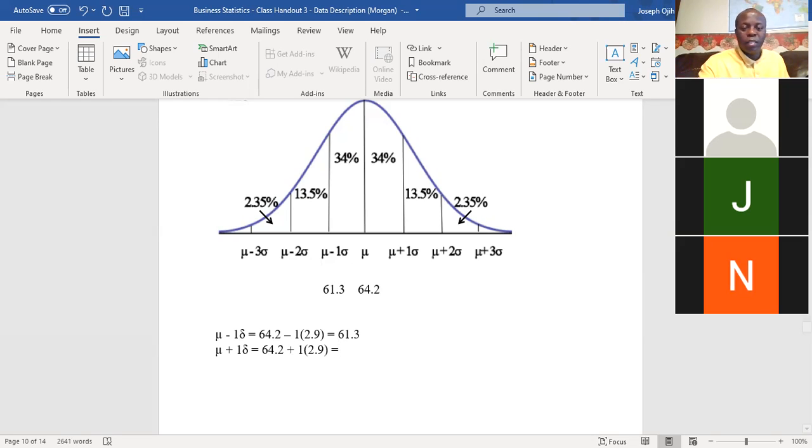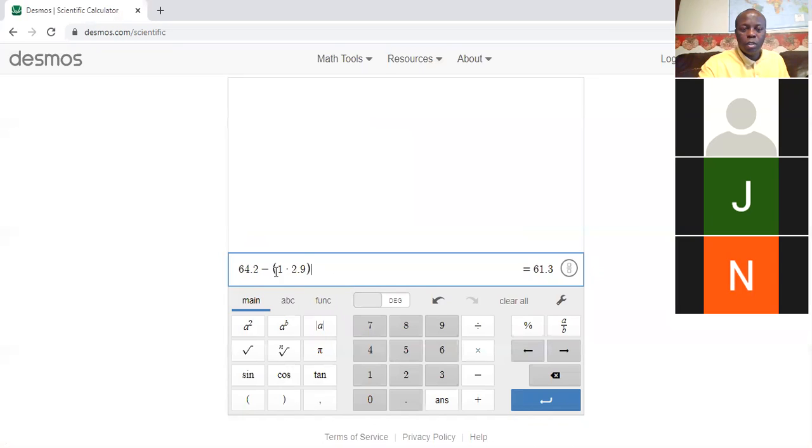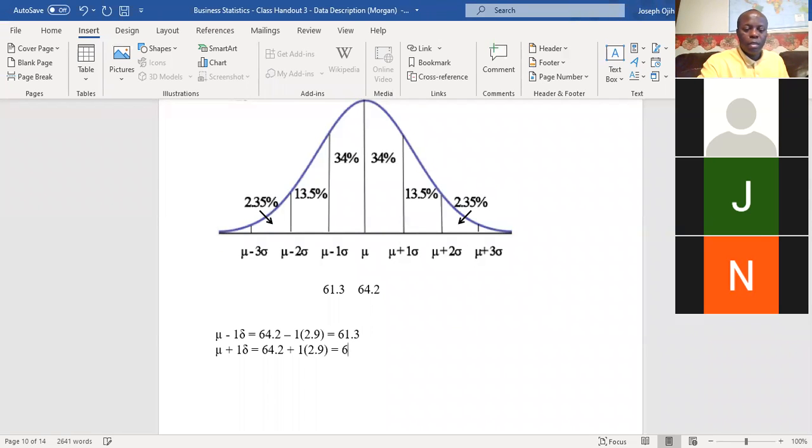That will give us the right side, this one here. So we go to decimals, change this to plus, and we get the answer right away. It was 67.1. So for this one, it is 67.1.